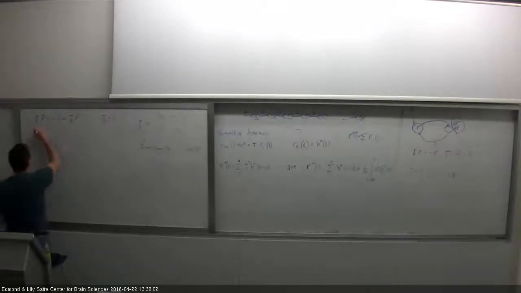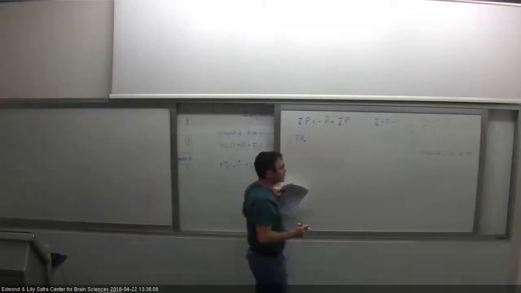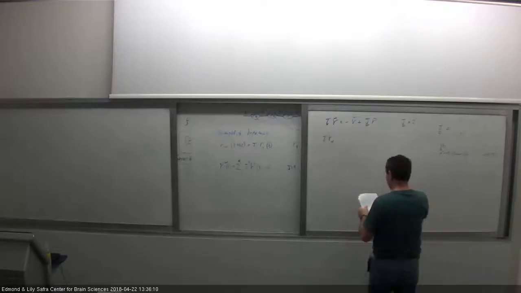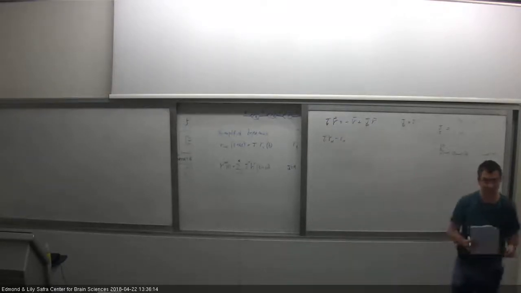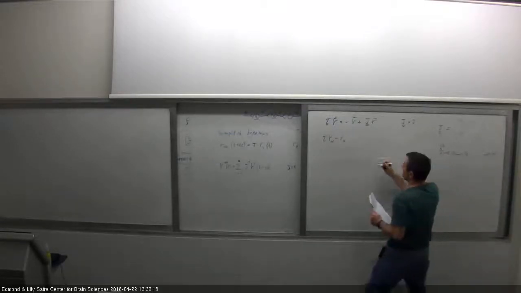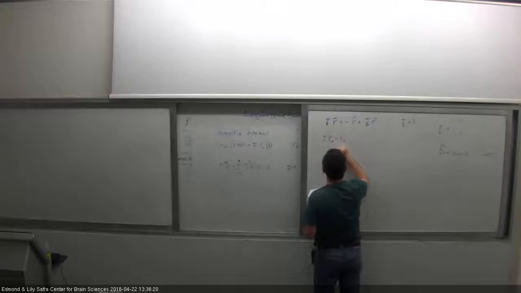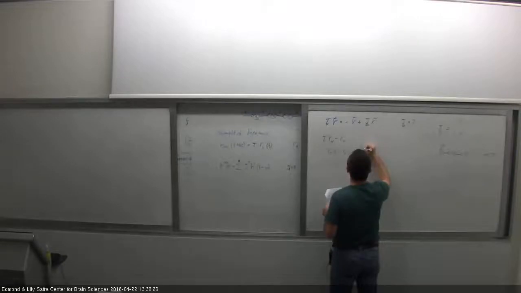So the dynamics of the last neuron, tau r n dot, is minus Rn. This is easy. Rn of t is equal to Rn of 0, e to the minus t over tau.